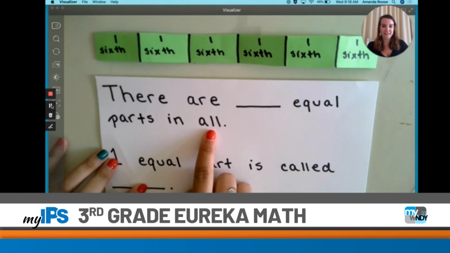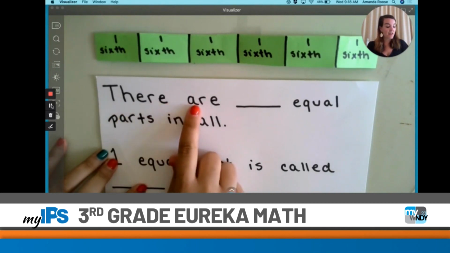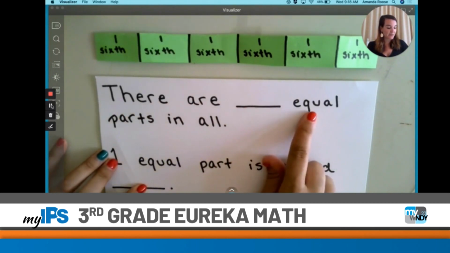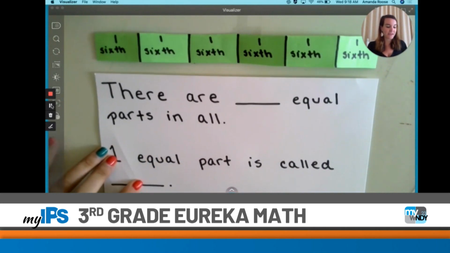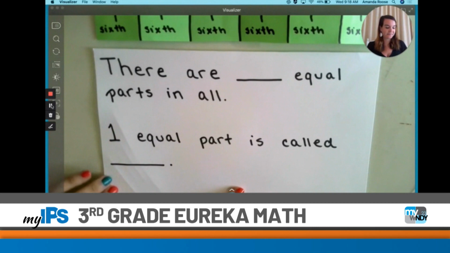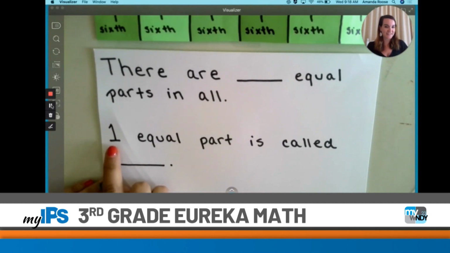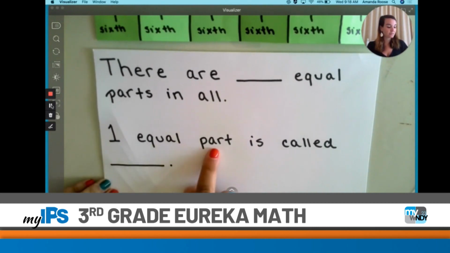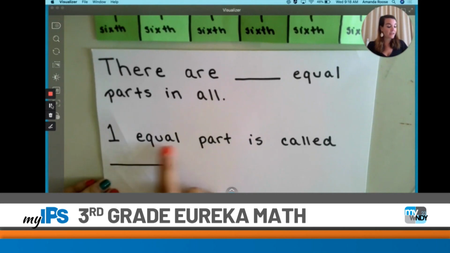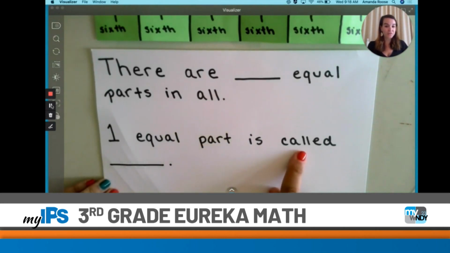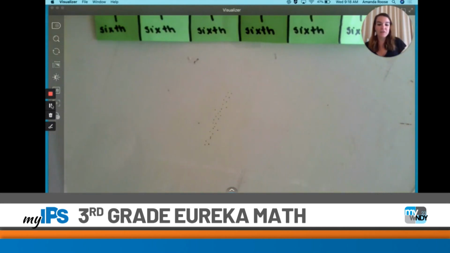Let's read it together. There are 6 equal parts in all. Let's move down to our next sentence. Read it in your head first. Okay, here we go. 1 equal part is called 1/6. Let's look at all of our fraction strips that we made today.